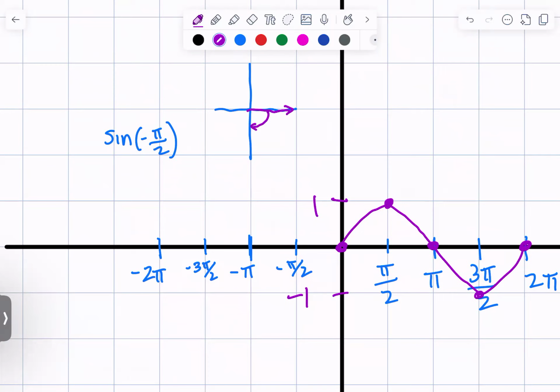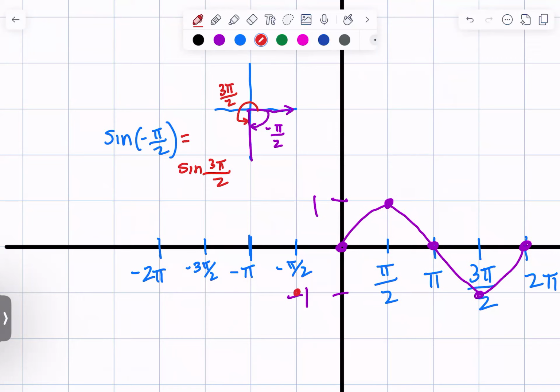That would be negative pi over 2. If I go positively around to the same angle, that would be 3 pi over 2. So sine of negative pi over 2 would equal sine of 3 pi over 2, correct? That's negative 1.